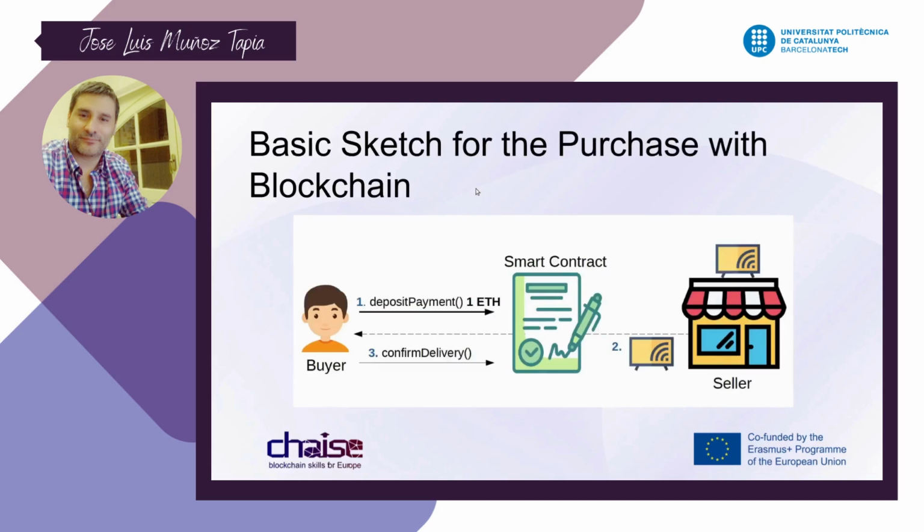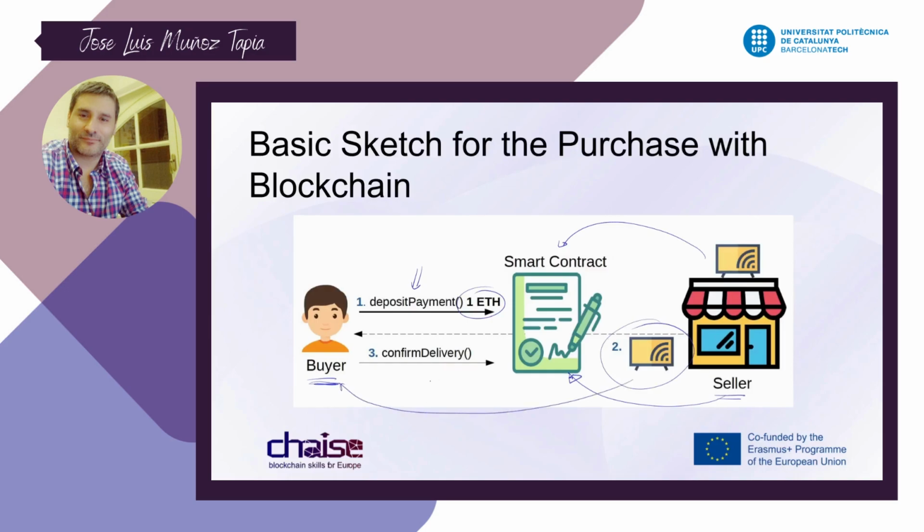So this is a basic sketch of a purchase with blockchain. We have the buyer and the seller. The seller creates the smart contract with the code. In this case, it is selling, for example, TVs, and then the buyer needs to send a transaction to the smart contract, depositing, let's say, 1 ether. Then the seller will see that there is an ether in the smart contract and send the product, a TV, to the buyer.